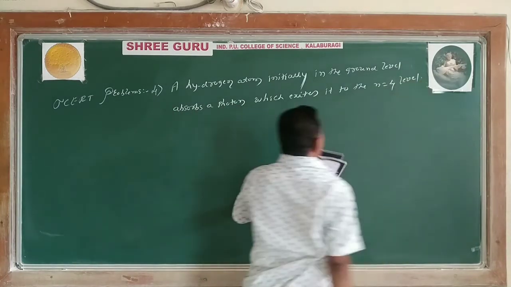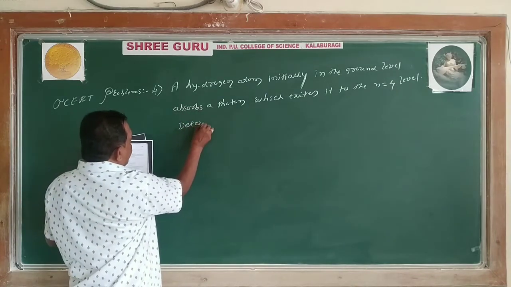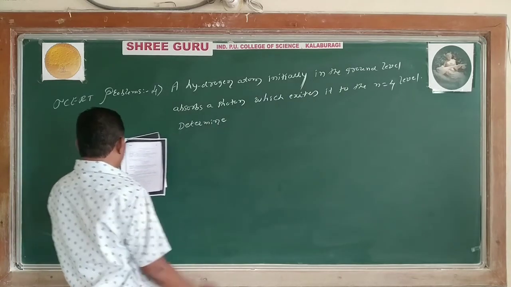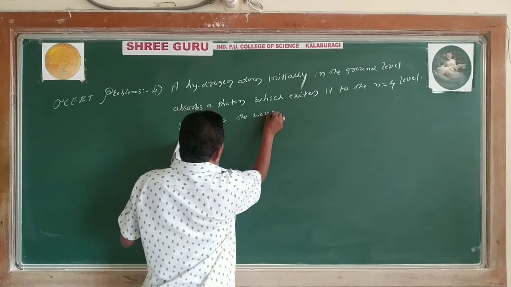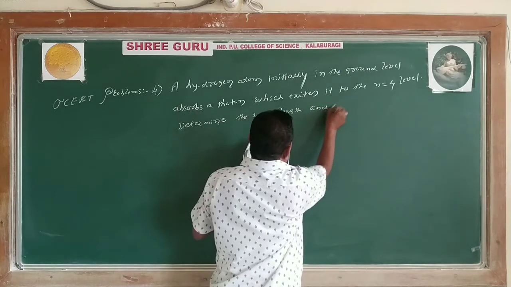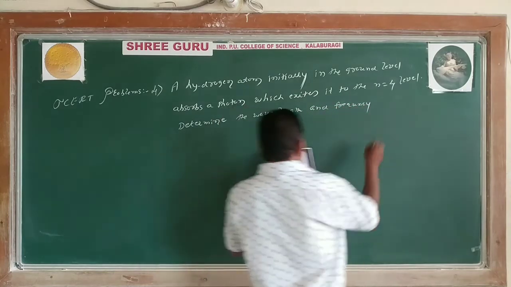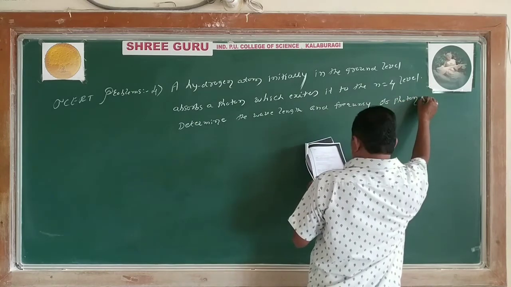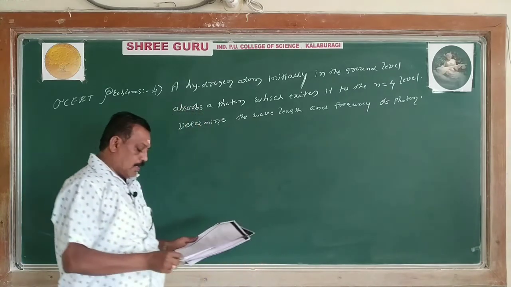That is the fourth orbit. Determine the wavelength and frequency of the photon. Right?